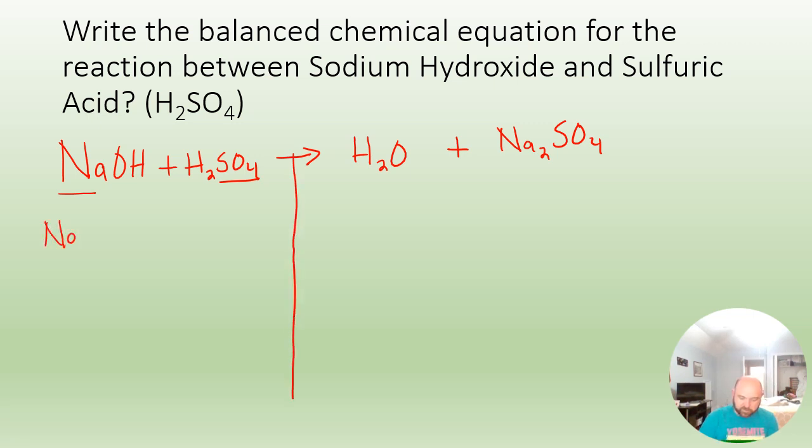I will count the elements as I come to them. On this side, I see 1 sodium. I see 5 oxygens, 1 here and 4 here. I see 1, 2, 3 hydrogens. And finally, I see 1 sulfur.